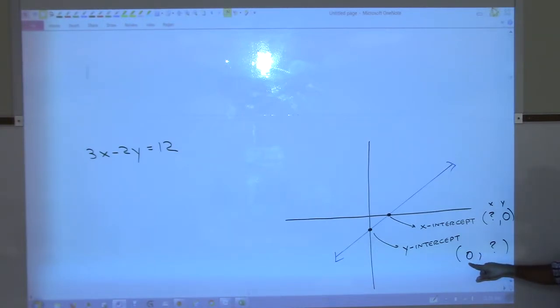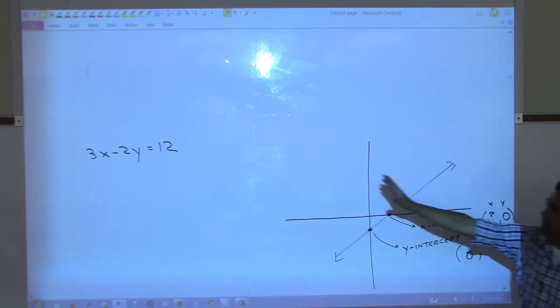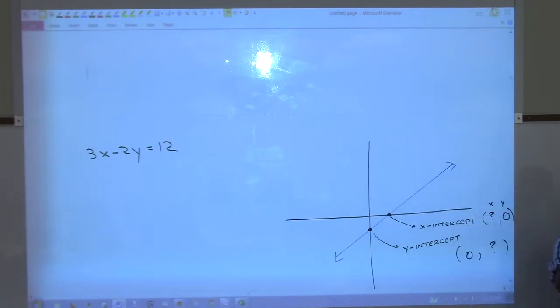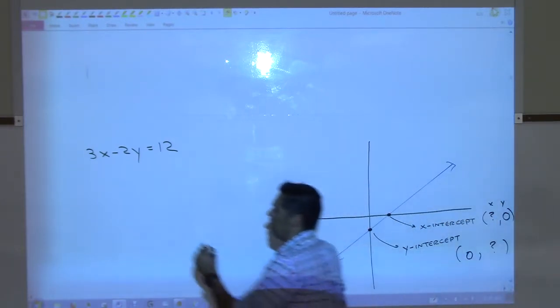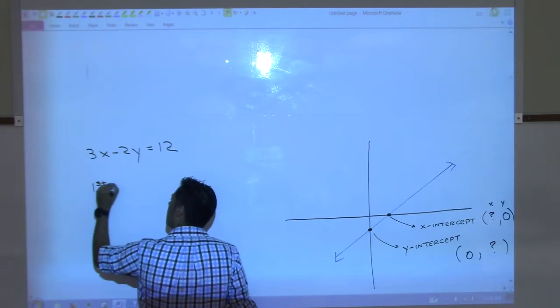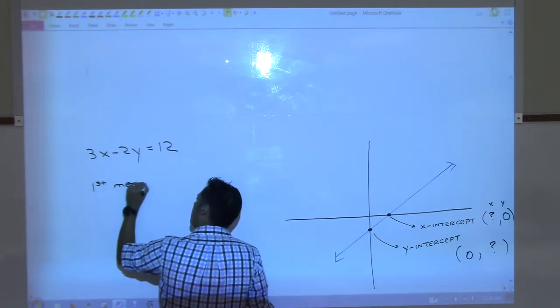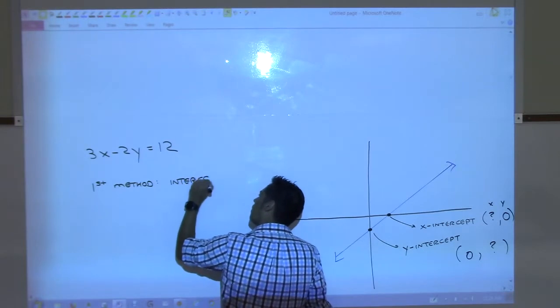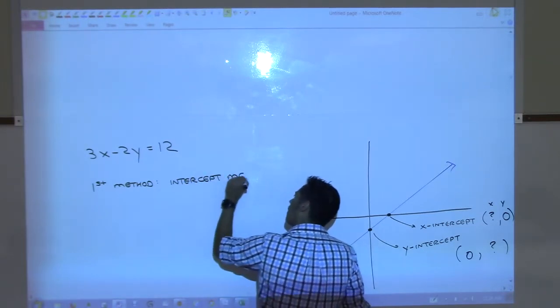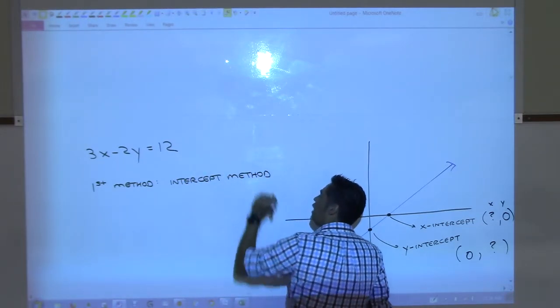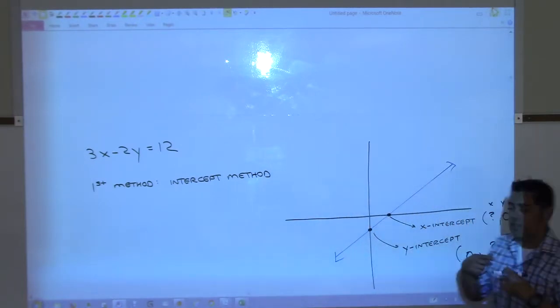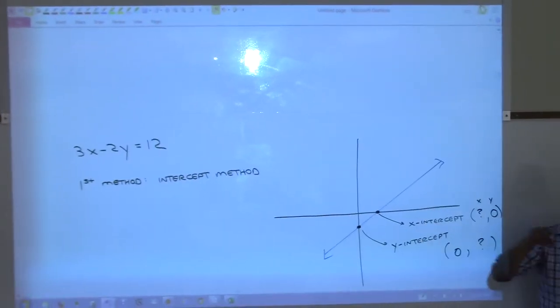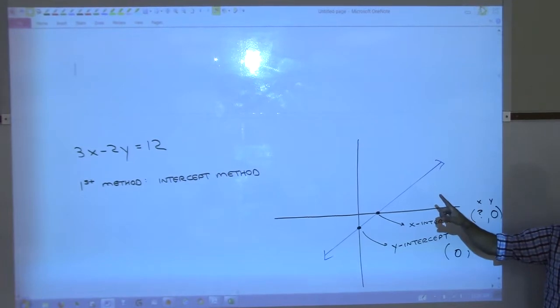So when we're asked to graph this, the first method that we will use is called the intercept method. Basically what it says is we are going to go find these 2 points. Once we have the 2 points, we can draw the line, all right?